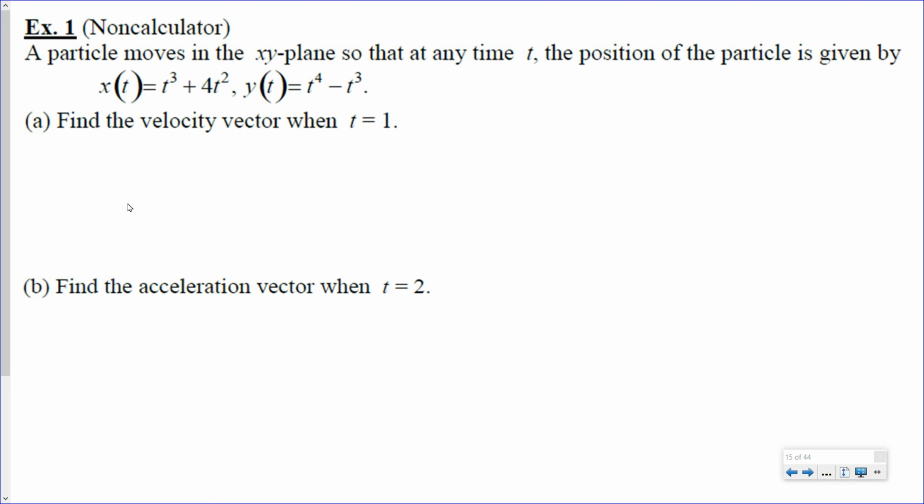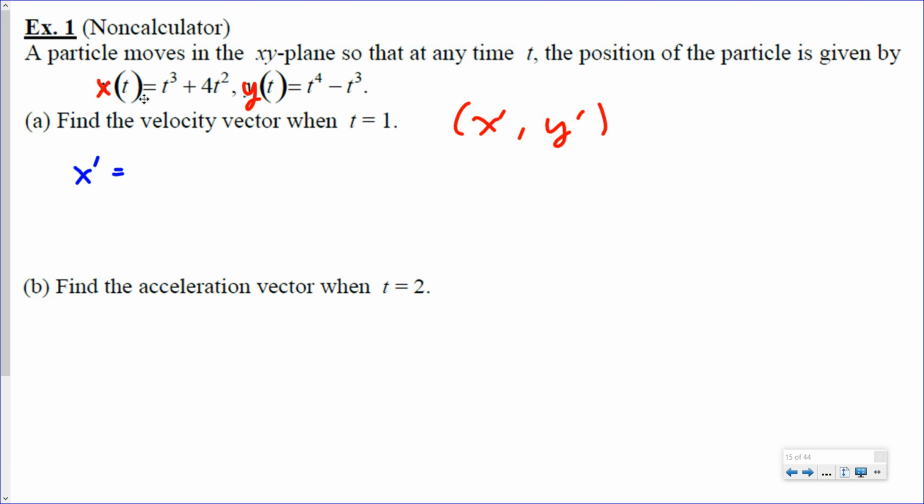So example 1, you've got an xy plane. We're no longer in a line, we're on a plane now. You're given the position, x, y. That makes a lot of sense because position has an x and a y. And it says, give me the velocity vector. Right away on my paper, I'll write x prime, y prime, because that's what I'm shooting for. If I have x, can I get x prime?